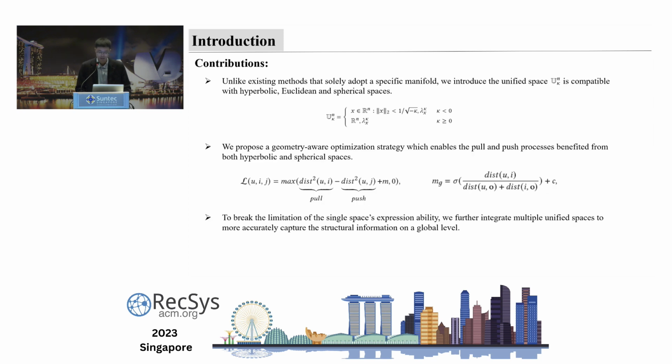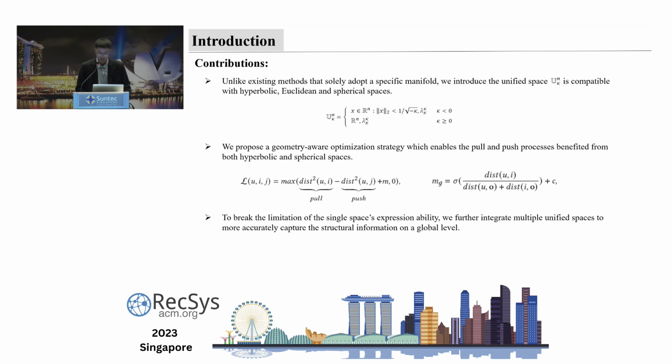Motivated by the aforementioned issues, we have proposed this work, and its contributions can be summarized in the following 3 points. First, unlike existing methods that solely adopt a specific manifold, we introduce a unified space that is compatible with the hyperbolic, Euclidean, and spherical spaces. Second, we propose a geometric-aware optimization strategy which enables the pull and push processes to benefit from both hyperbolic and spherical spaces.